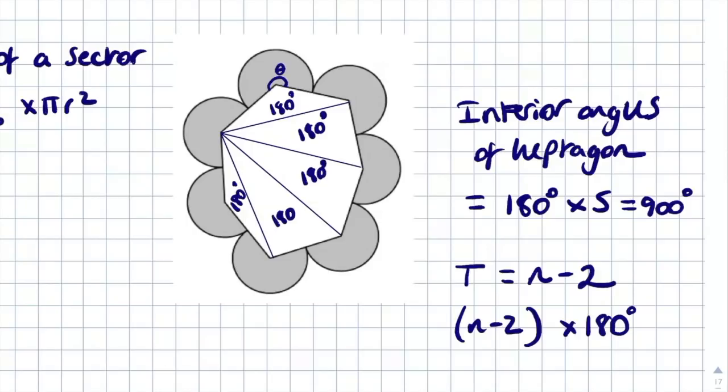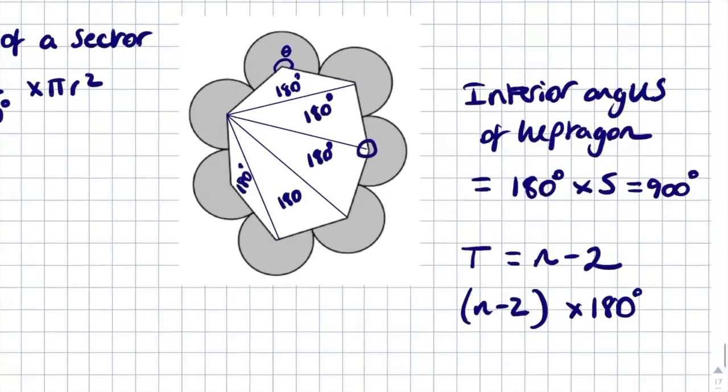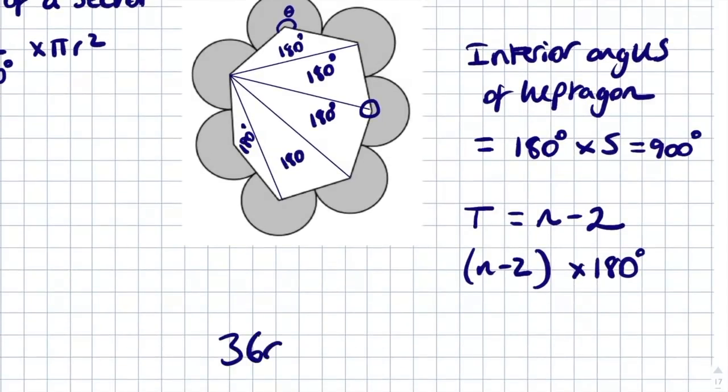Now what that means is we can work out the sum of all the exterior angles. Okay, and the way we can do that is we can say, well, if we look at one of these arcs, we know that the interior angle plus the exterior angle is going to be a full circle, which adds up to 360 degrees. So if one circle is 360 degrees, the total angles of 7 circles is going to be 360 times 7.